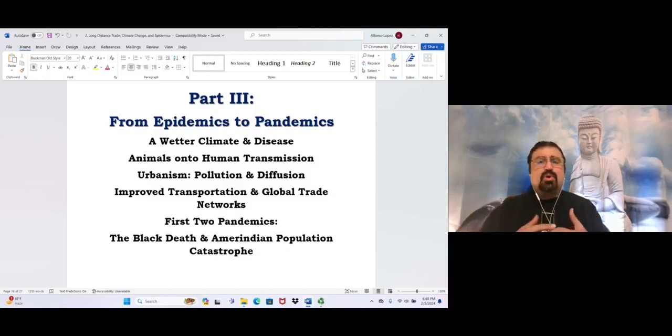And it is here that we're going to examine the first two pandemics in world history, the Black Death and the Amerindian population catastrophe that was produced by a series of viruses that affected the Native American population more specifically, how those two pandemics caused the disintegration of the old world, the pre-modern world, and paved the road for the emergence of the modern world, the world that we live in today.